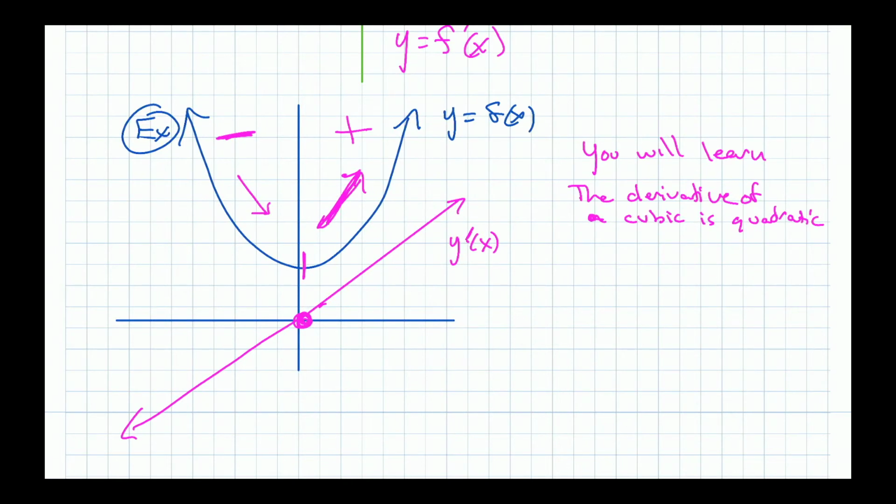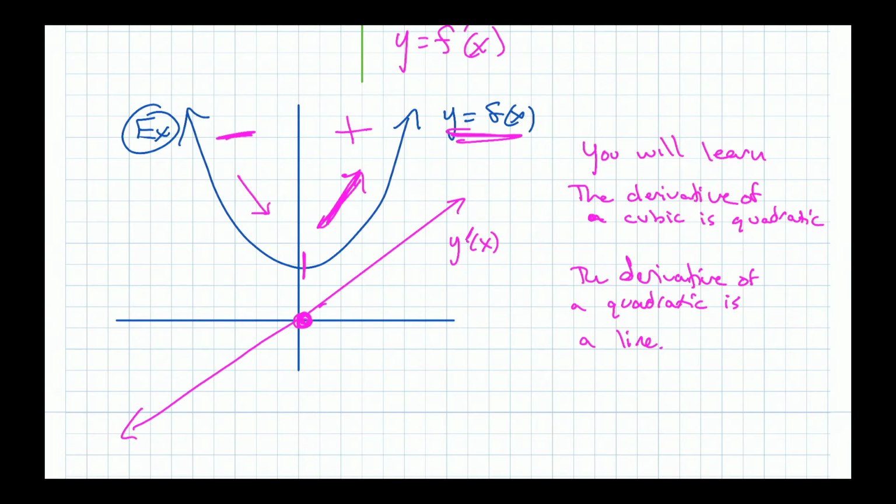And the derivative of a quadratic is a line. So I cheated. I know not to draw that curved because the blue curve here looks like a quadratic to me, looks like second degree.